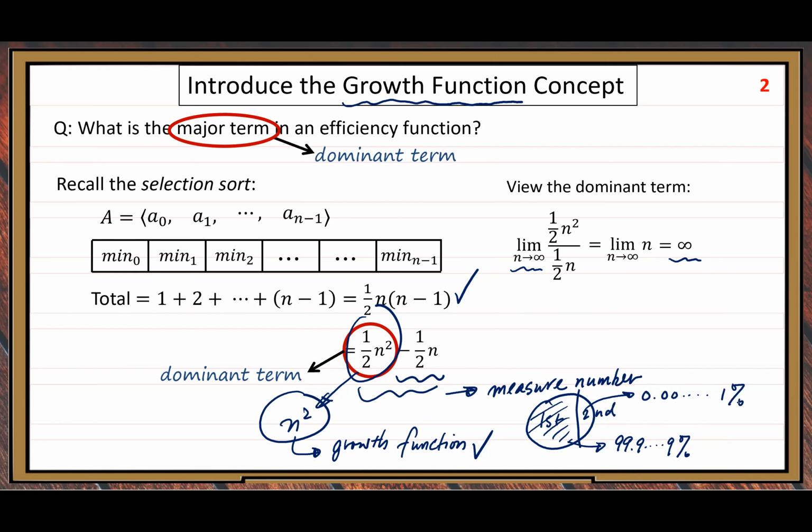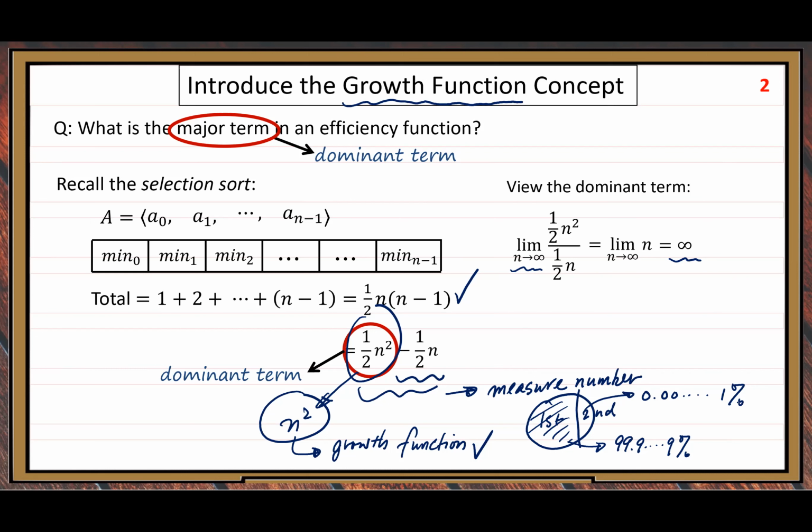Because the ratio goes to infinity, the contribution of the second term will be closer and closer to zero, and it could be ignored, right?